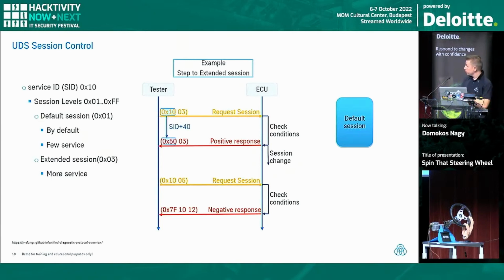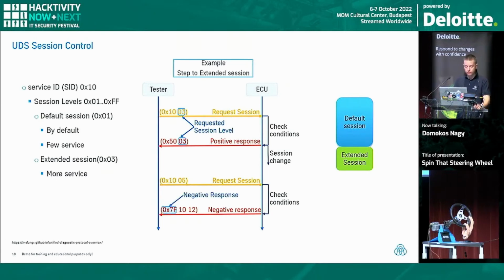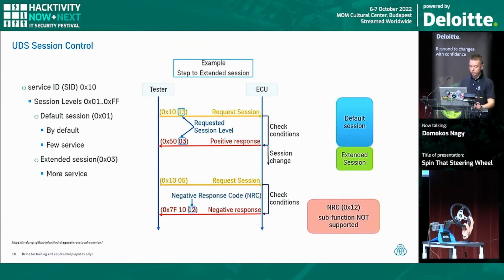So requesting a session to extend your session to level 3, you will get back a response, and if it's a positive response, your session extended to level 3. In case of negative response, it will start with a 7F, the rejected service ID, which is 10, and then a negative response code. In this case, it's 12, subfunction not supported.